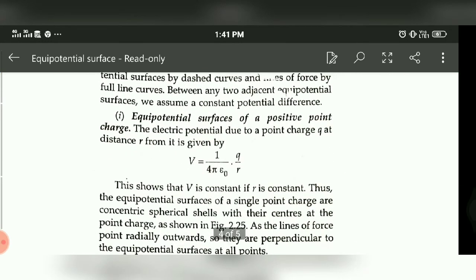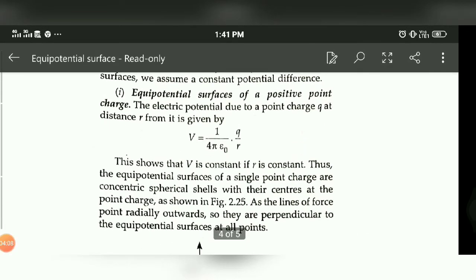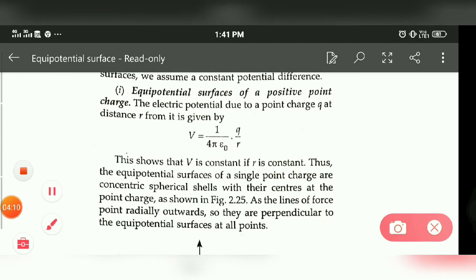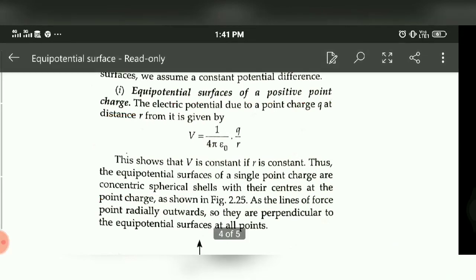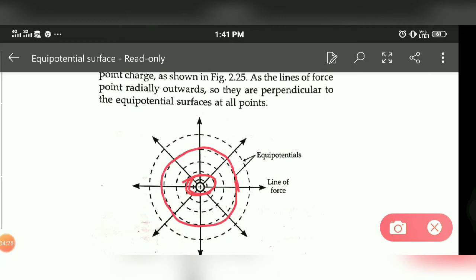Now, these are the equipotential surfaces for various charge distributions. How do they look? For a positive charge, equipotential surfaces are concentric spherical shells. If this is a charge at the center, the equipotential surfaces would be concentric circles around it.